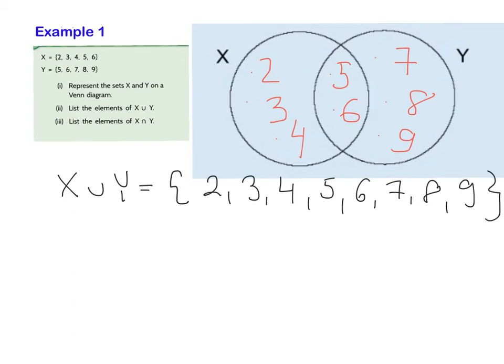That's it. Then the next thing is to list the elements of X intersection Y. Intersection means between, the middle part. So this is the middle part, this is intersection. So X intersection Y equals curly brackets, this is a set, 5 and 6 altogether.